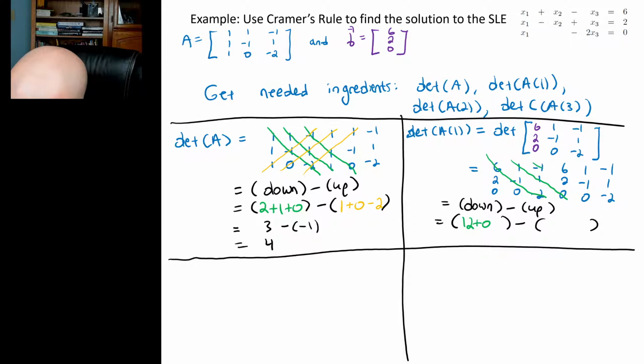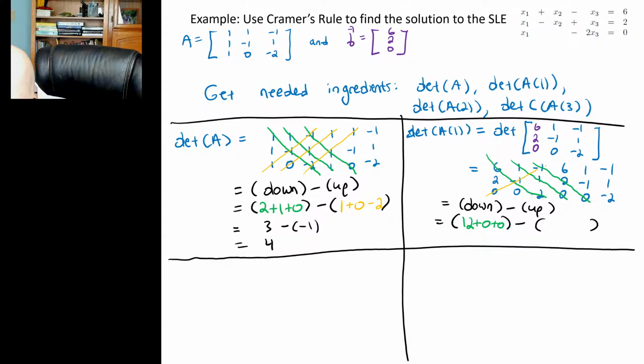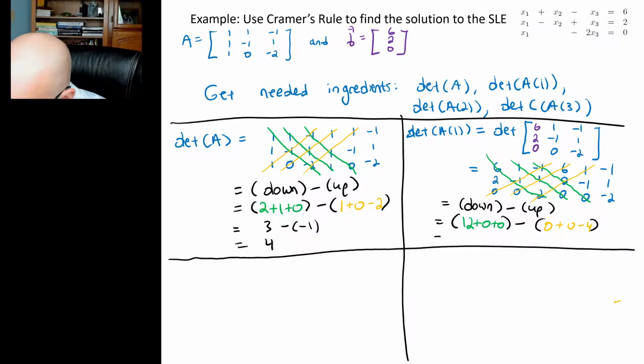And third down product, we get 0. Then now we have the up products. So the first up product is 0. Next up product is 0. And the last one, we have negative 2 times 2 times 1, so negative 4. We have 12, subtract negative 4, which is 16.